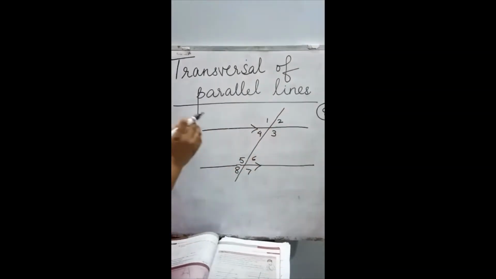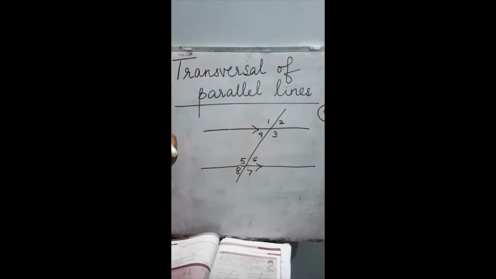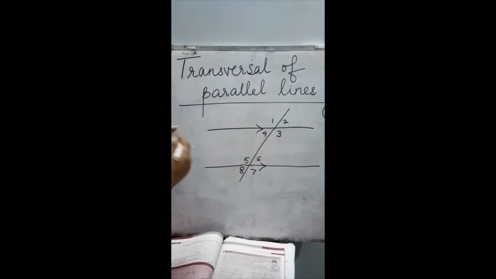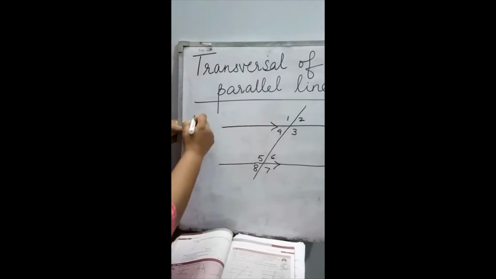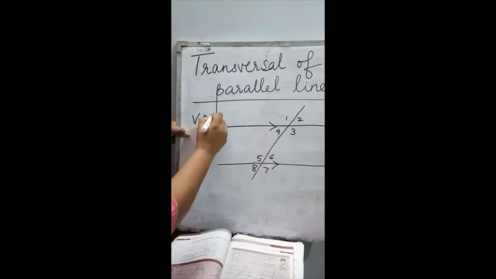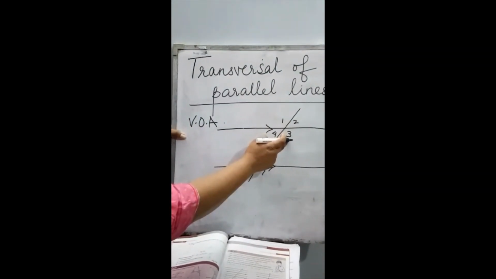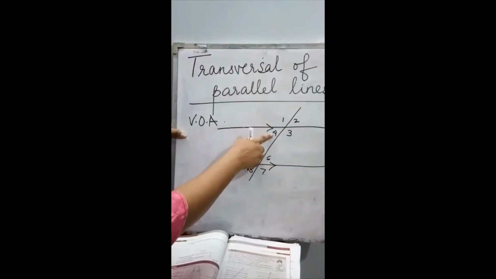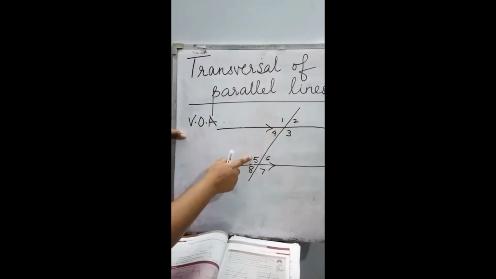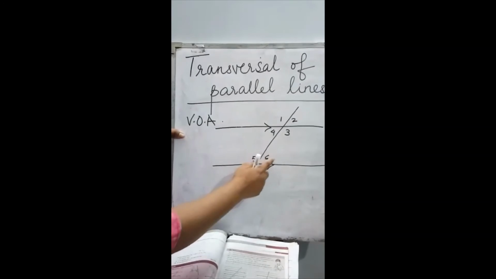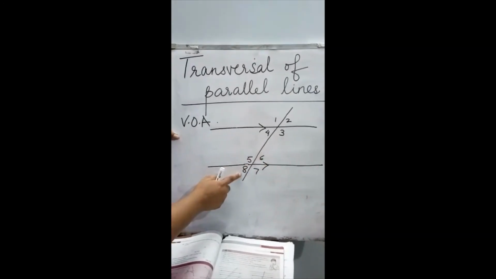So now we are going to write some topics. What are these angles equal to? Vertically opposite angles are always equal. So angle 1 is equal to angle 3, and angle 2 is equal to angle 4. Angle 5 is equal to angle 7, and angle 6 is equal to angle 8.